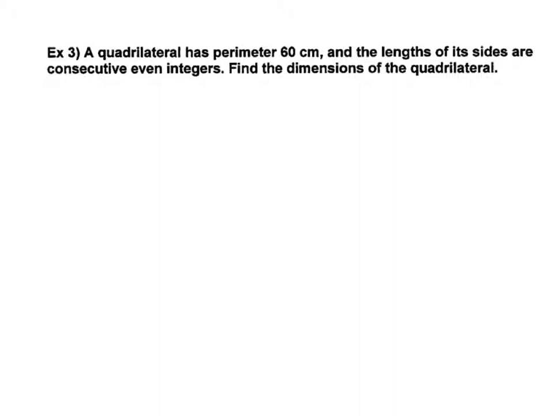Okay, so that means we're going to let the sides, let's draw this first. So let's say that one is x, and then we have 4 sides. And then consecutive even means that I'm going to add 2 to it, right? So like 2 plus 2 is 4, 4 plus 2 is 6. So this would be x plus 2. And then this one's a little bit longer.